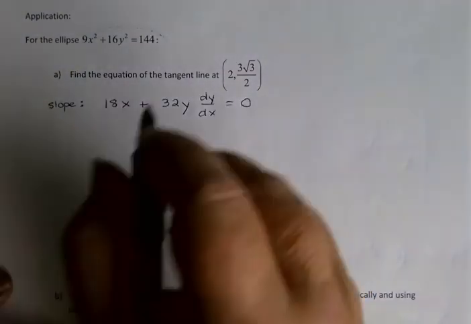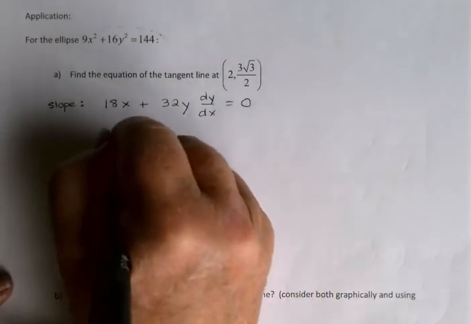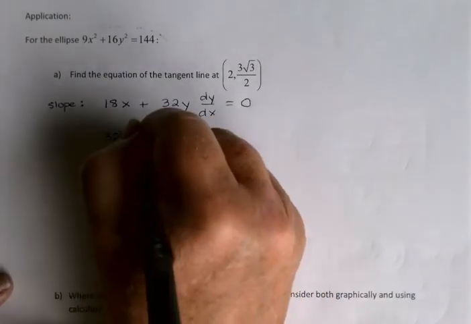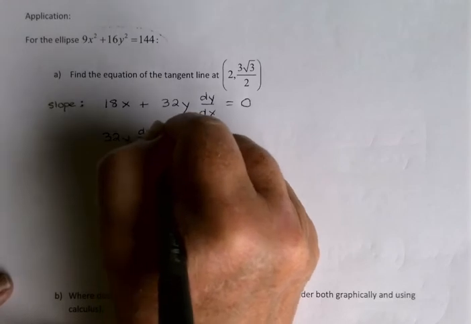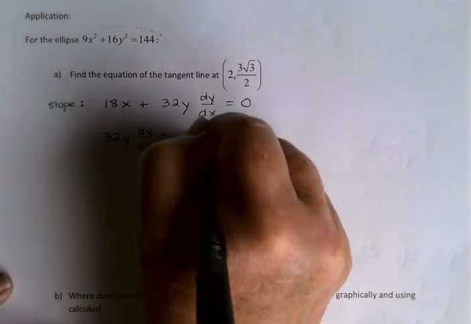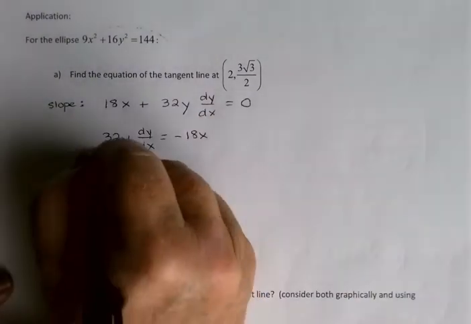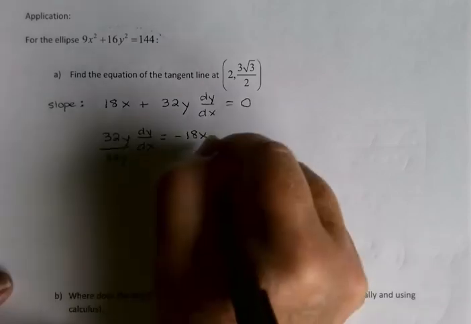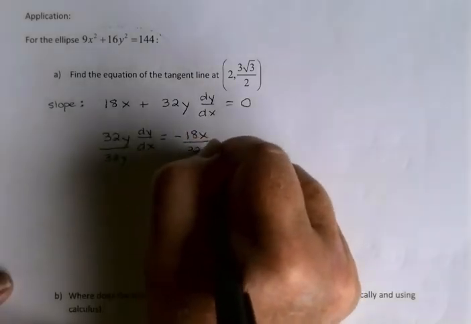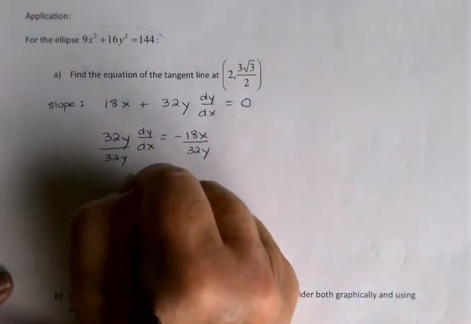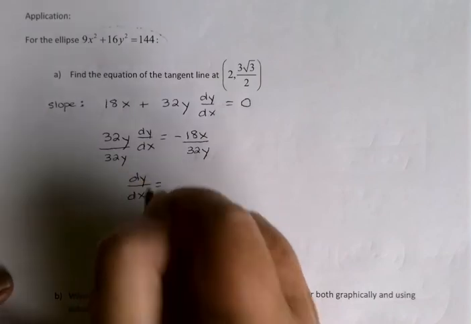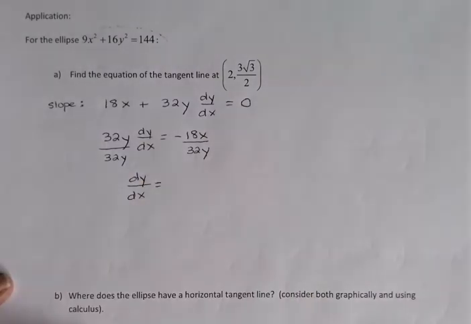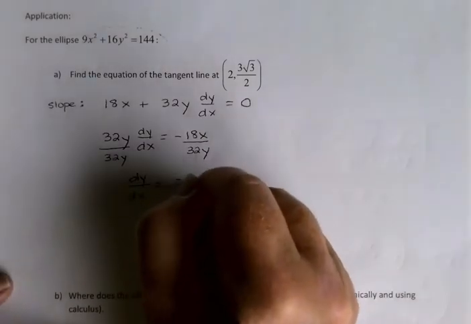I need to solve for dy/dx. So 32y dy/dx equals negative 18x. And if I divide by 32y, dy/dx would be negative 9x over 16y.